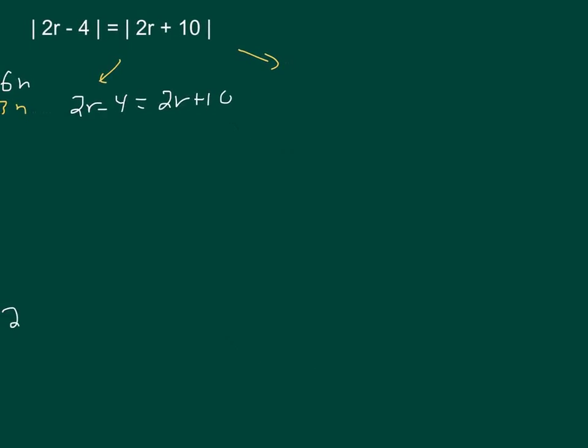And then the other equation is going to be 2r minus 4 equals, and I'm going to multiply the entire right side by a negative. That means I'm going to have to distribute. Alright, go ahead and solve these equations and we'll come back.